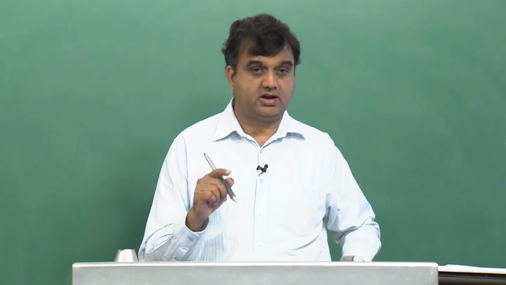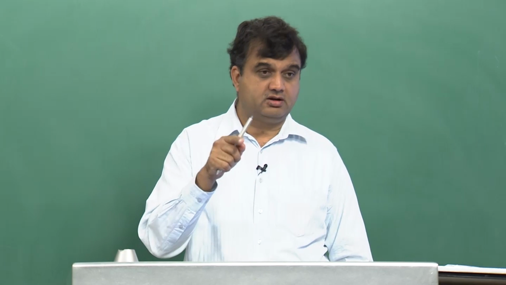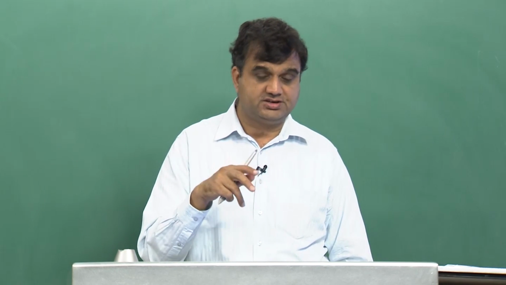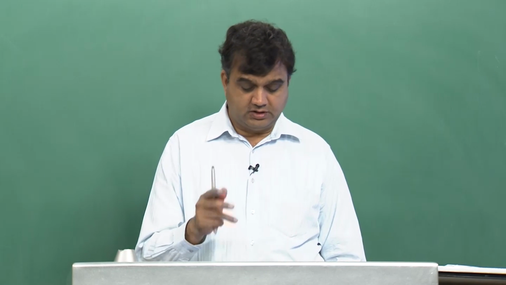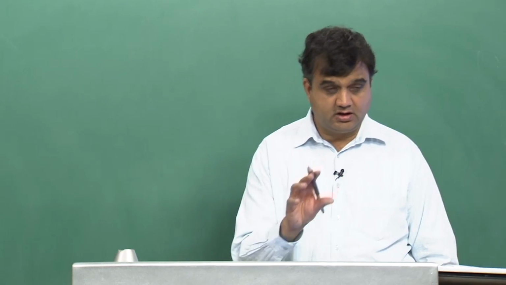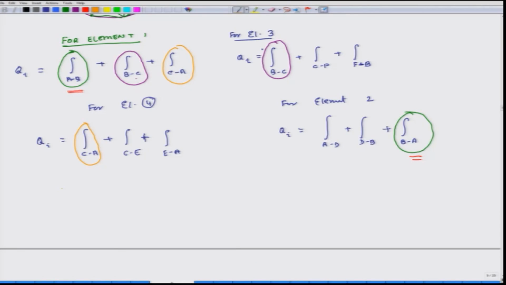That will be the case for an element if its boundary is surrounded on all the sides by other elements. That is for an element which is in the interior of the domain. So, for elements interior in the domain, Qi's cancel out at assembly level.